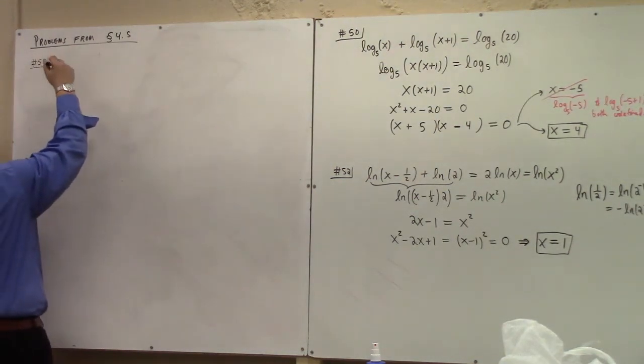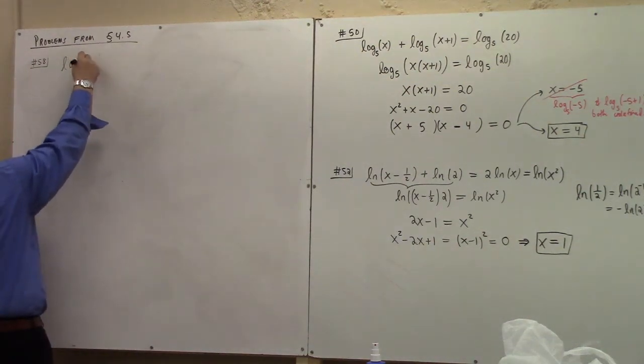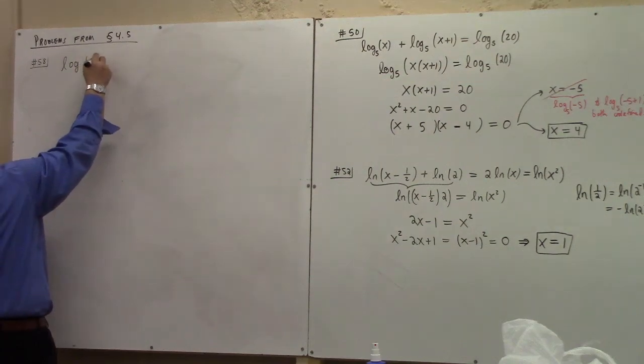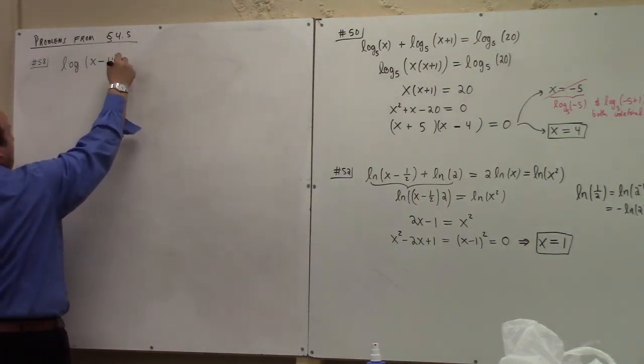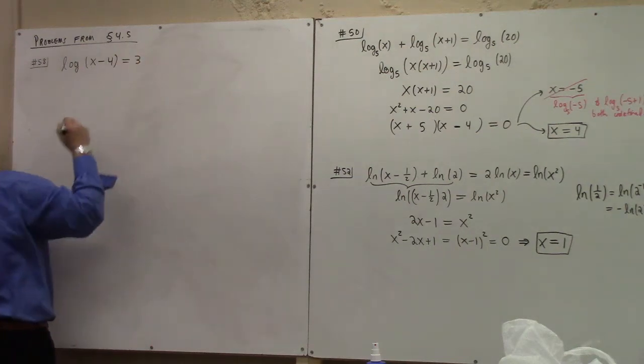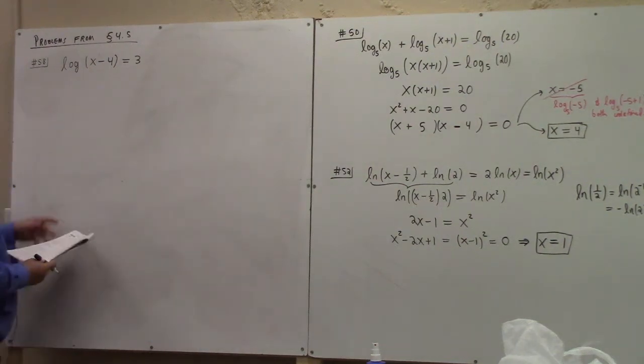Number 58. I'm trying to work mostly even problems. That way, if you want to work the odd problems, you've got something to try, you know? Because the answers to the odd problems are in the back of the book. But of course, honestly, you could check any of your answers to any of the problems just using something like Wolfram Alpha if you wanted. Now, when we just write log, what does it mean? That's log base what? What's our convention? Base 10, right?